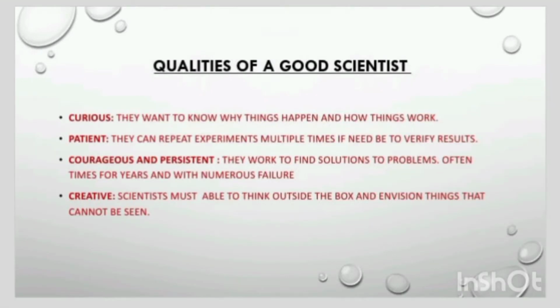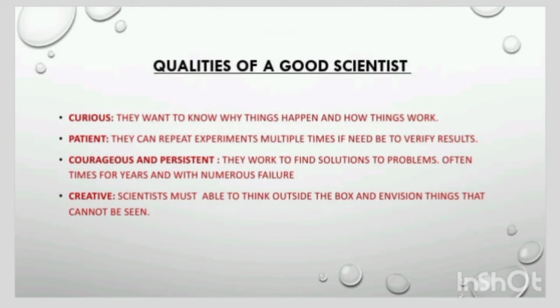Thus, we begin to ask ourselves, what qualities should a good scientist possess? The very first one is curiosity. A scientist must be able to look at the things around and ask questions. Why is this happening?